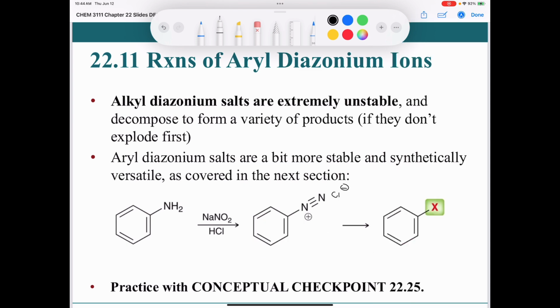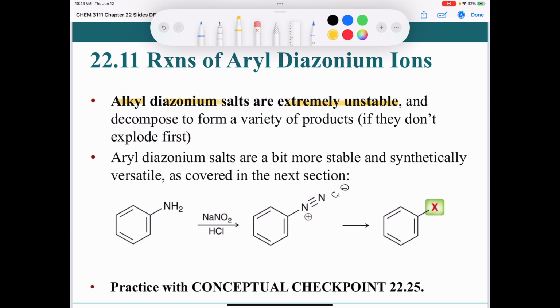Next question. What can we do with this diazonium ion? If the R group of the primary amine is an alkyl group as opposed to an aryl group, then you get a diazonium salt that's very, very unstable. An alkyl diazonium is extremely unstable and is too reactive to be isolated. It can liberate nitrogen gas to give you a carbocation, which can react in a bunch of different ways.